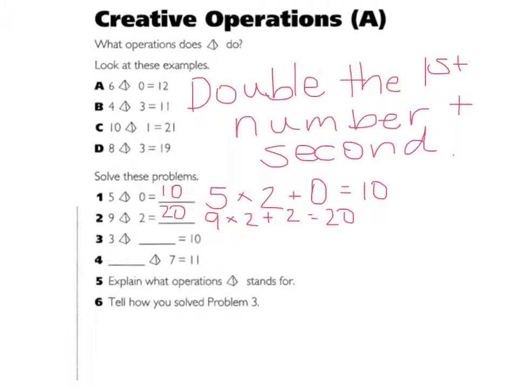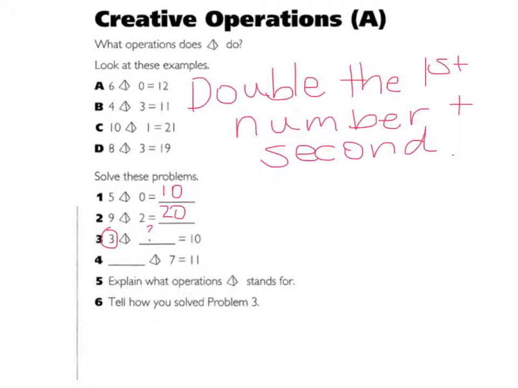Number 3 would be 3 times 2, and we're missing our second number. So we have to go about figuring out how to solve for that. Let's erase this so we have some space.